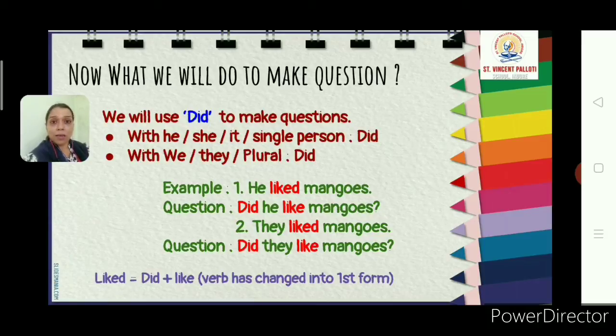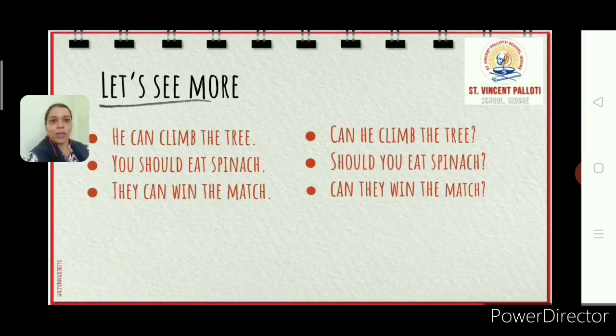If it is in the sentence, it is liked. So whenever you are making questions, did plus like. If you are using did, then you will be using the verb's first form. Okay, please remember that. That is the only thing you have to remember here. Not more. Now just see some more examples.